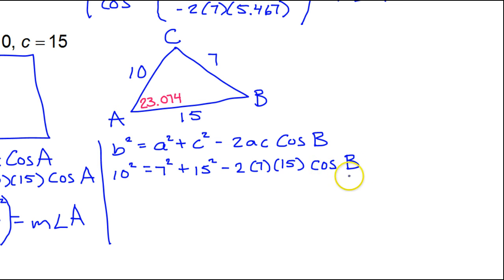angle B. So to get cosine of B by itself, I need to subtract these 2 terms and divide by this part. So starting with my 10 squared, now I'm going to subtract these 2 terms.